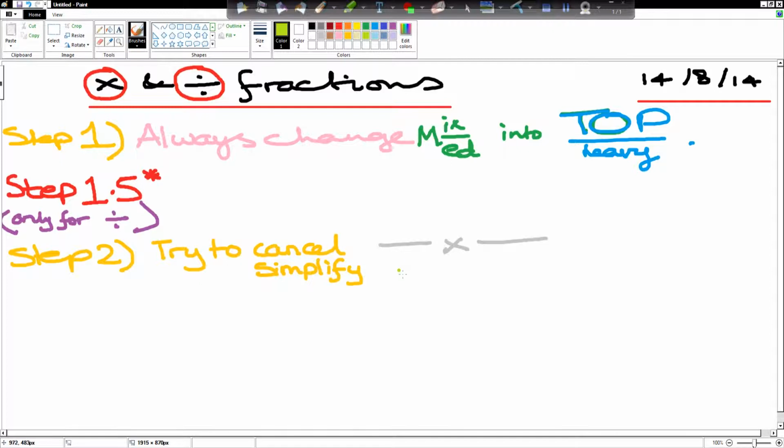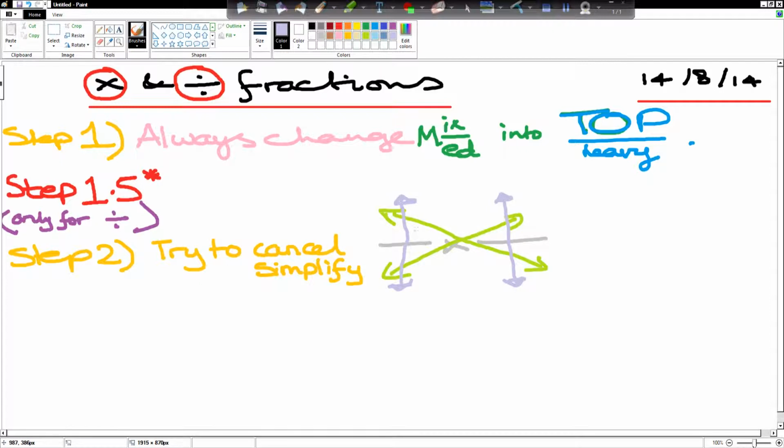We try to cancel in this diagonal direction here, and in this diagonal over here, or in this vertical direction here, or in this vertical direction here, between the numbers on the numerator and the denominator of the fractions. So we can cancel this way, or this way, or this way, or this way.